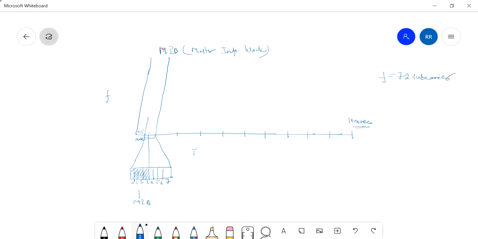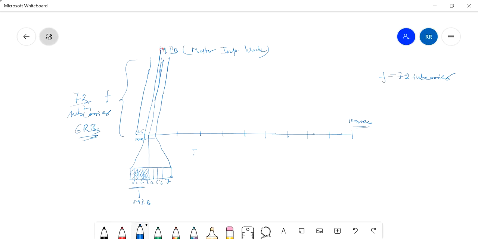The information is extended up to 72 subcarriers. As you know, one resource block has 12 subcarriers, so if we divide by 12, that is 6 RBs. On the frequency domain it is extended up to 6 RBs, and on the time domain it is on these symbols.